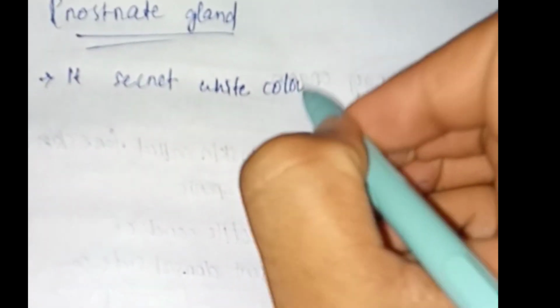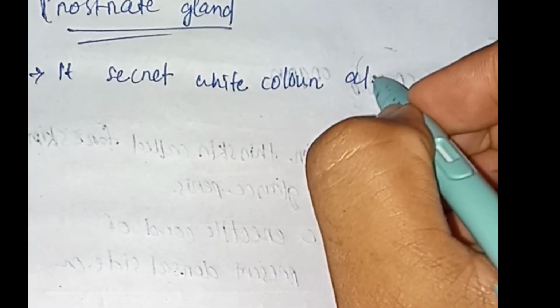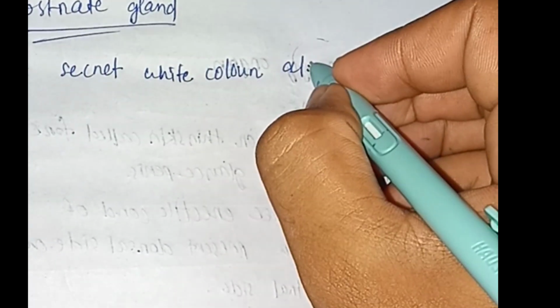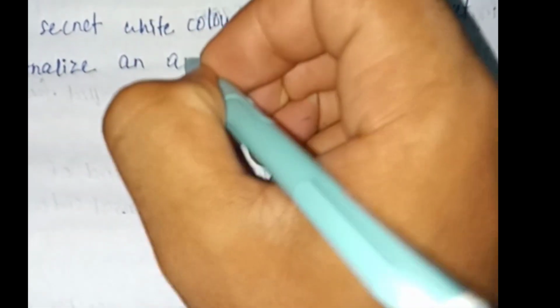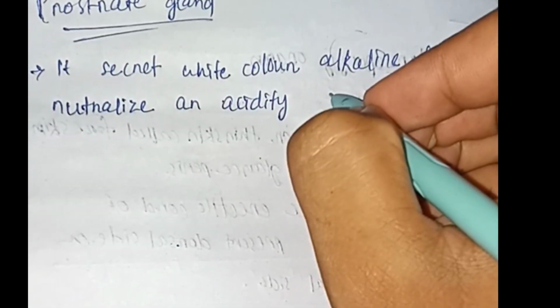Then there is the prostate gland. The prostate gland secretes a white colored, alkaline fluid that neutralizes the acidity of the urethra.